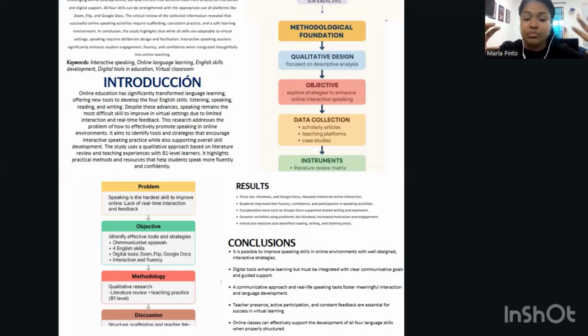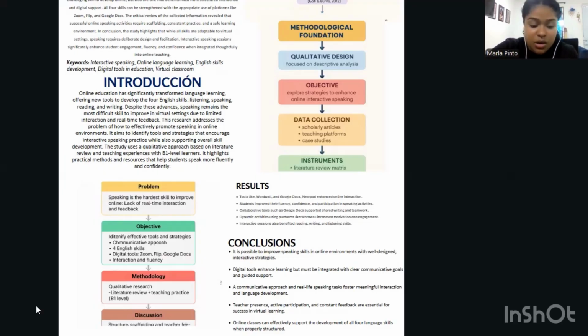But in this context, the tools that were used were Wordle, Google Docs, and Nearpod. Nearpod, maybe, to bring interaction and make a great warm-up. That was exactly the context I wanted during this research and during the speaking sessions.